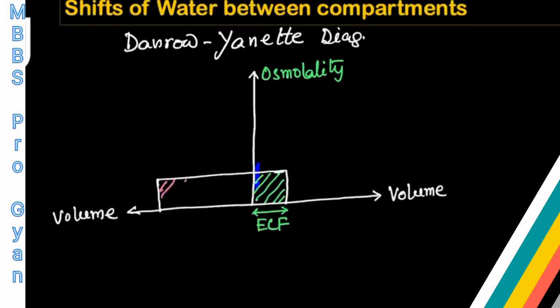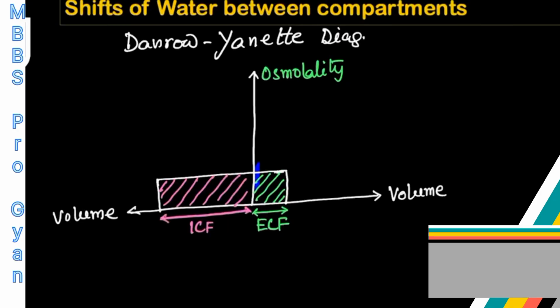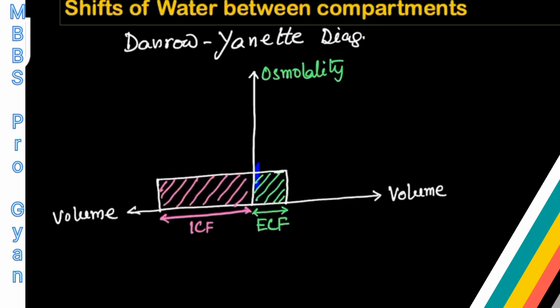And on your left hand side, you can find this big volume box. This represents the volume of the ICF. So the total body water is distributed into two compartments, ECF on your right hand side and ICF on your left hand side.